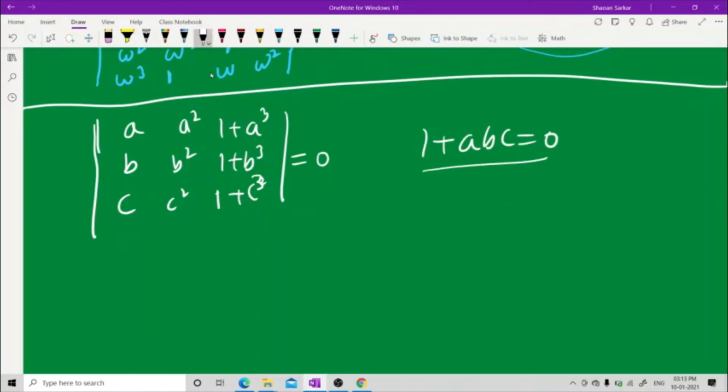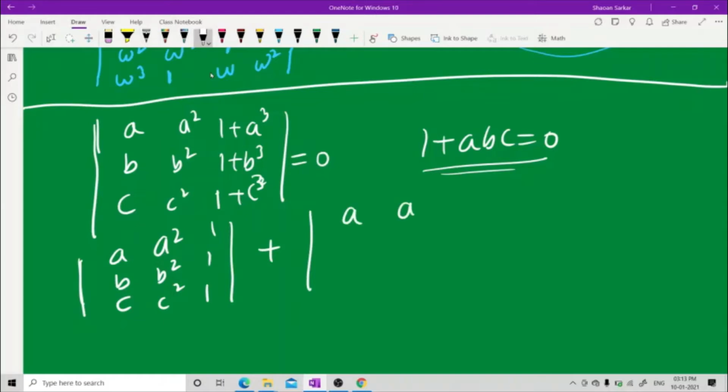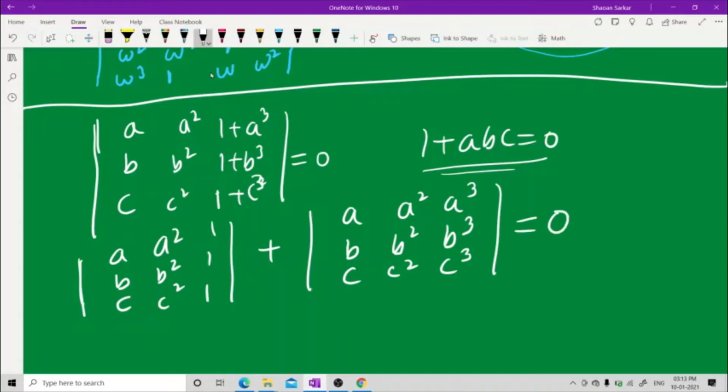Now, how to prove this? I told you, you can break this determinant into a, b, c, a square, b square, c square, 1, 1, 1, plus a, b, c, a square, b square, c square, a cube, b cube, c cube. This is equal to 0. Now from here you take a common, from here b common, from here c common.